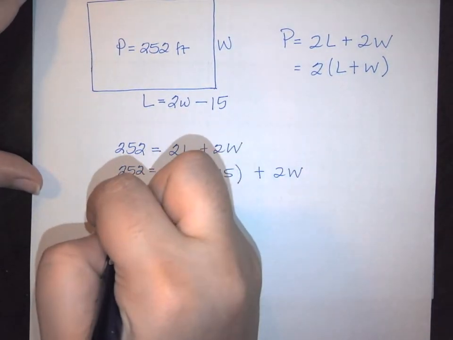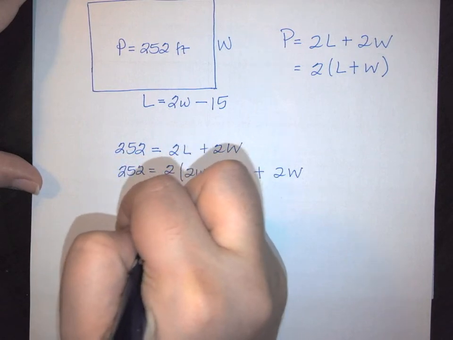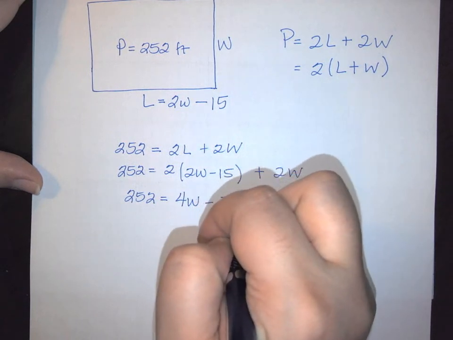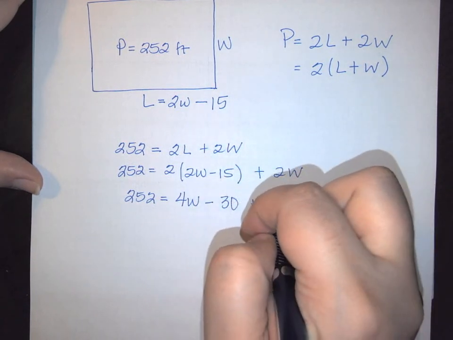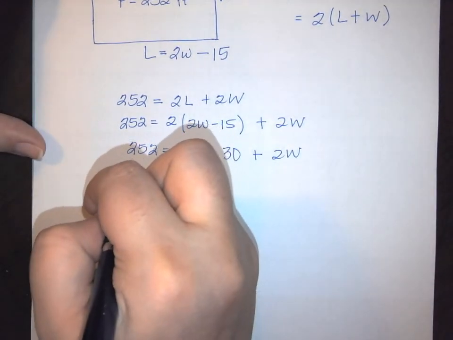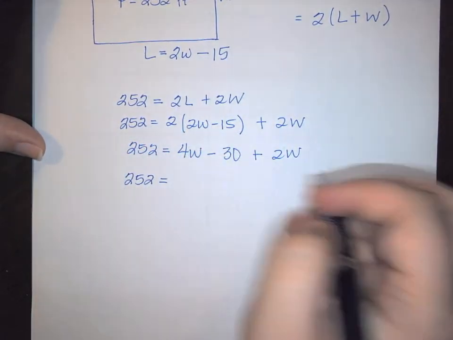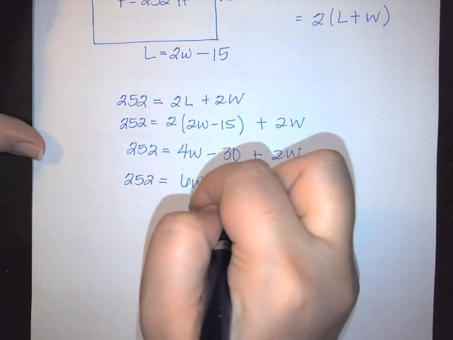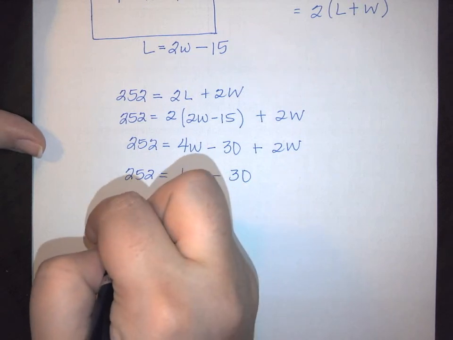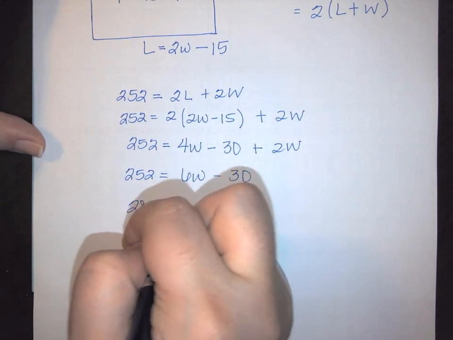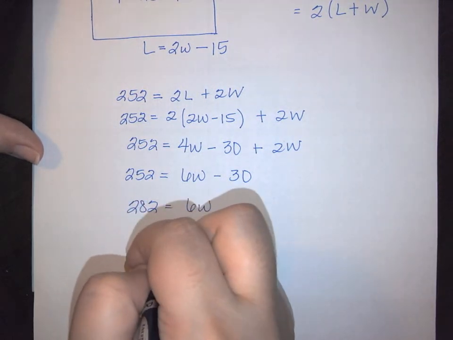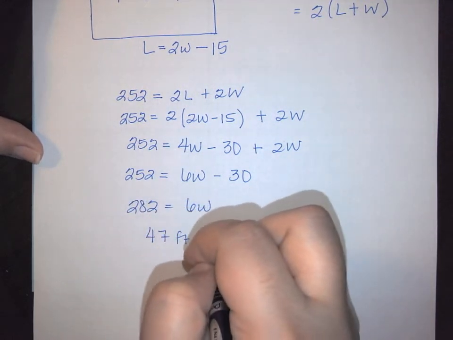Distribute my 2, and I get 252 is equal to 4w minus 30 plus 2w. I need to combine my terms, so 252 is equal to 6w minus 30. So in this case, I've got 282 is equal to my 6w. Divide that out and we get that 47 feet is equal to my width.